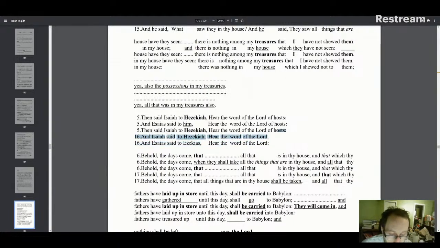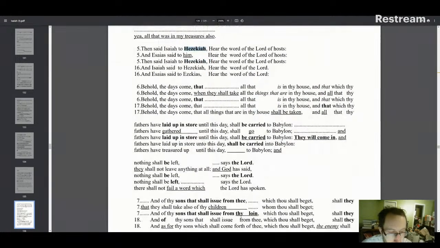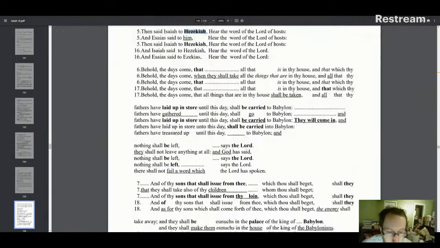So no of hosts in Second Kings. Septuagint says Isaiah said to him instead of Hezekiah, but again, I do prefer the pronoun versus the name. And when I say I prefer, I'm not saying which I like better, but which I believe is more original, more authentic, per the original text.